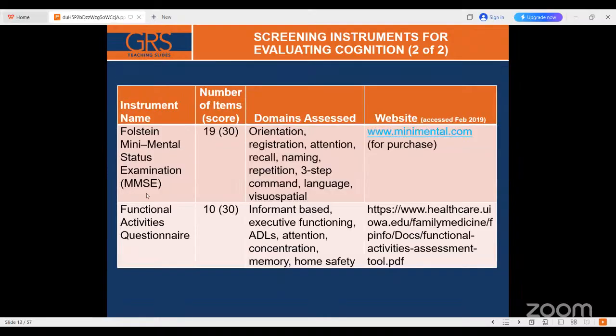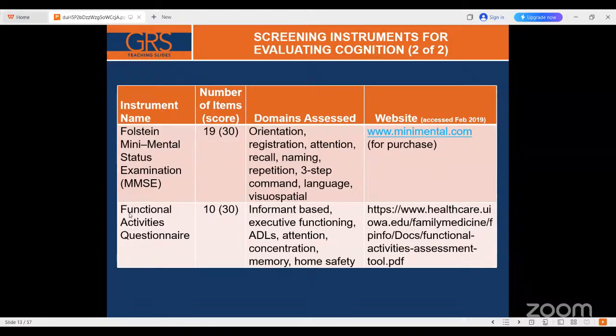And then we have MMSE. It has 19 items and is also scored out of 30. The domains assessed are similar to the above, but what is kind of unique is that it has a 3-step command, language, and visuospatial.